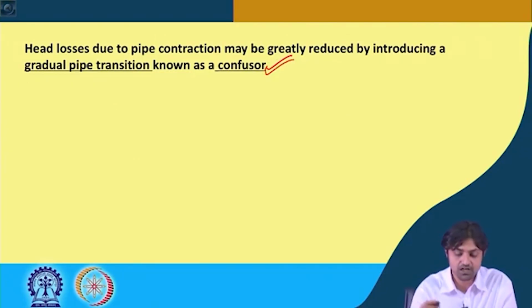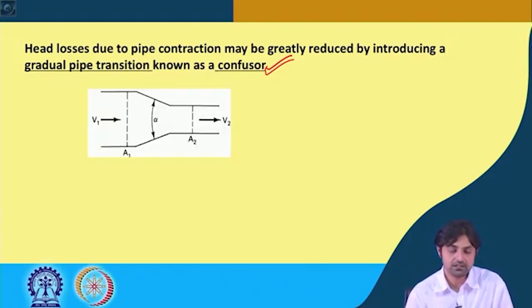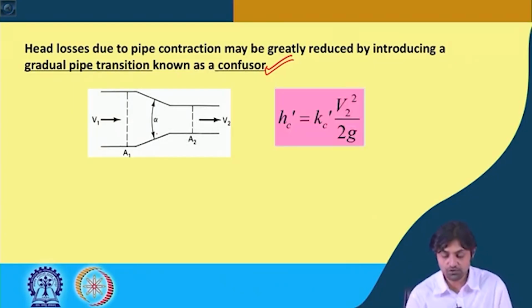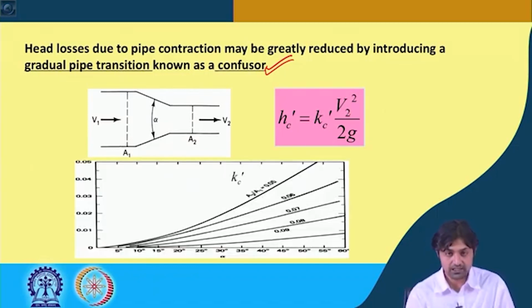So, confusers are used to introduce a gradual pipe transition, something like this. You see, there is an angle alpha. In that case also, the head loss is going to be Kc, another coefficient, into V2 square by 2G in case of contraction.